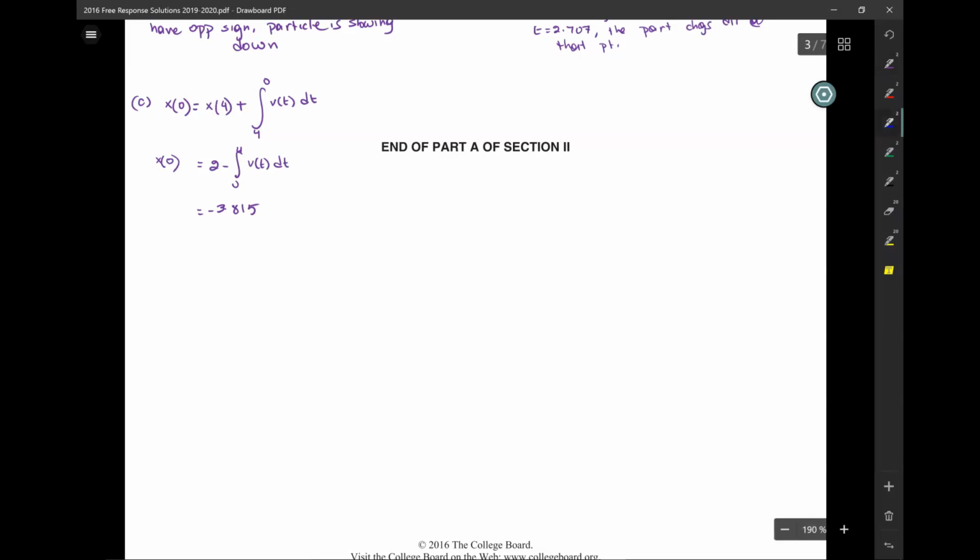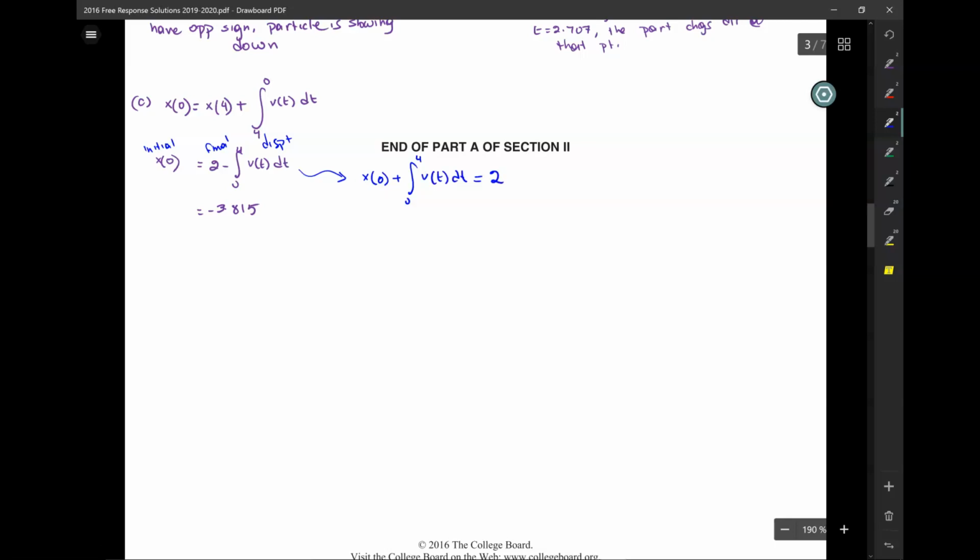So look at this. This is initial position, final position, and displacement. If you rearrange it and bring the integral over here, what do you have? The initial position plus the displacement equals the final position. Does that make sense to you? If you rearrange it, you get x of 0 plus the integral equals the final position.